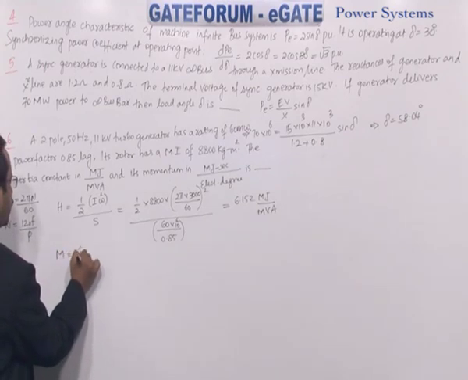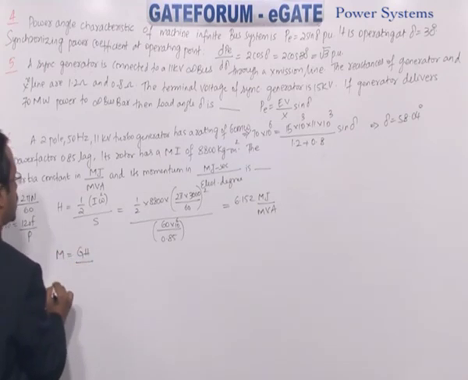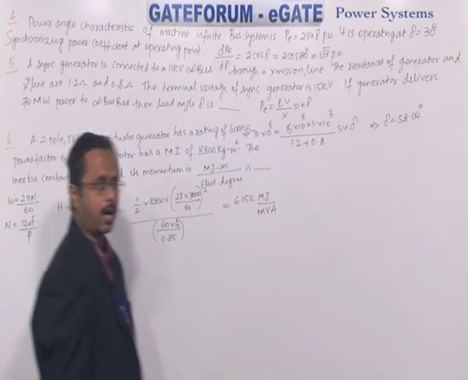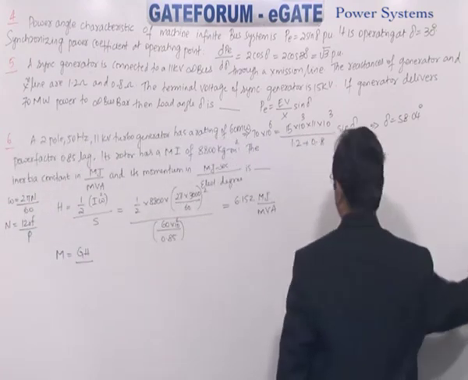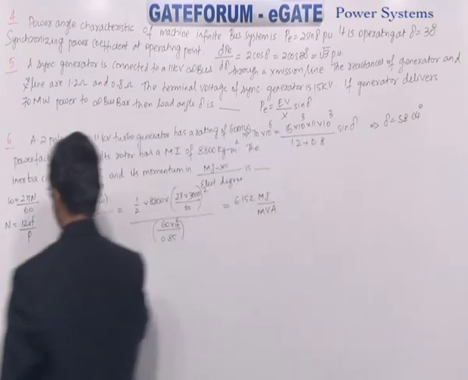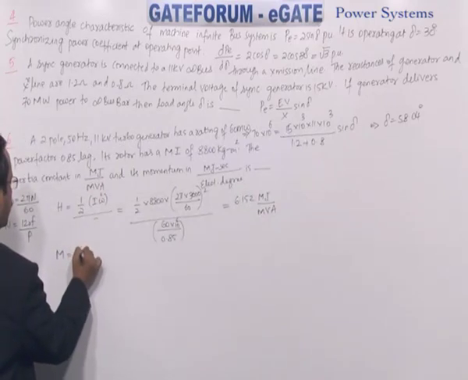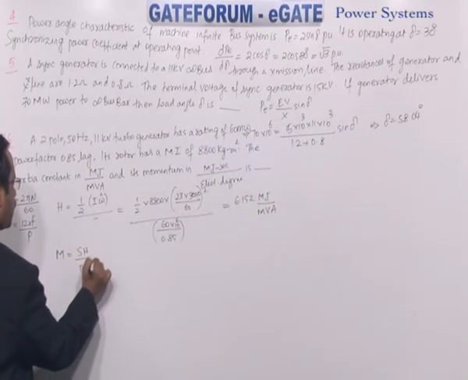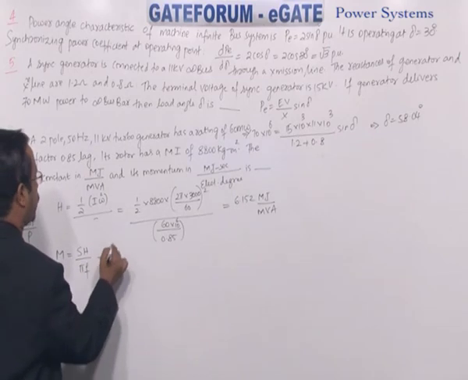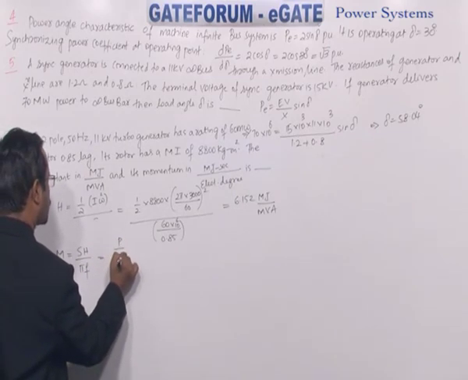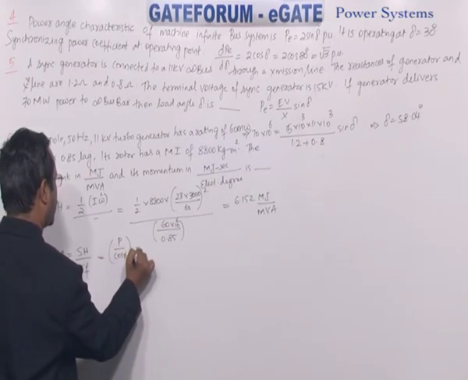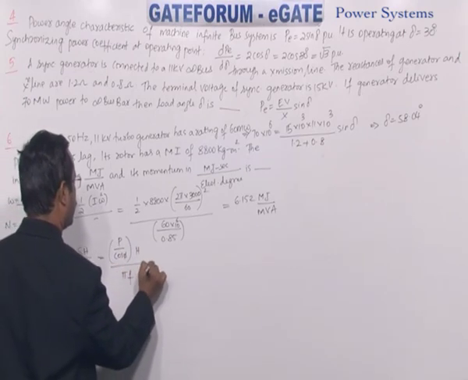What is the formula to find M? M is SH by pi F, or you write GH by pi F. S and G are the same, the MVA rating. S, you write P by cos phi, multiplied with H by pi F.